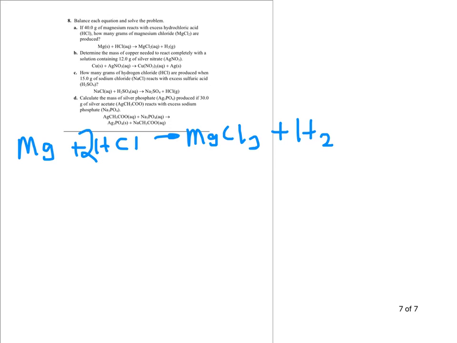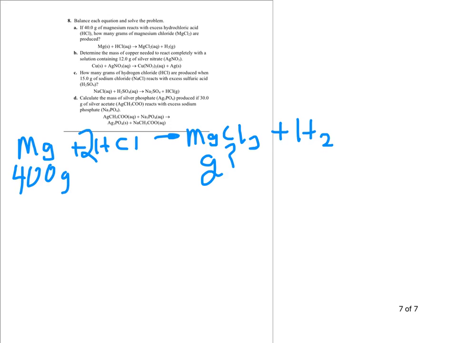Then it asks if we start with 40.0 grams of magnesium, we want to know how many grams of magnesium chloride. So I'm just going to put a G question. So this time I got a gram to gram problem.